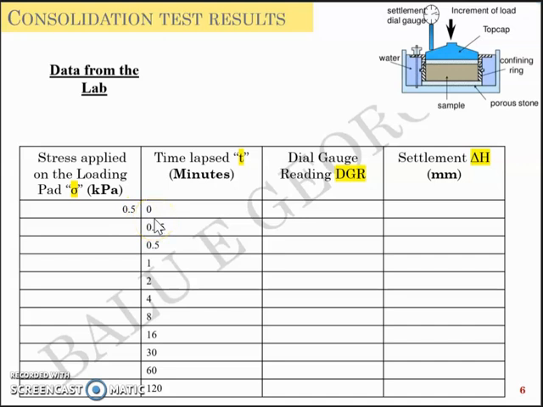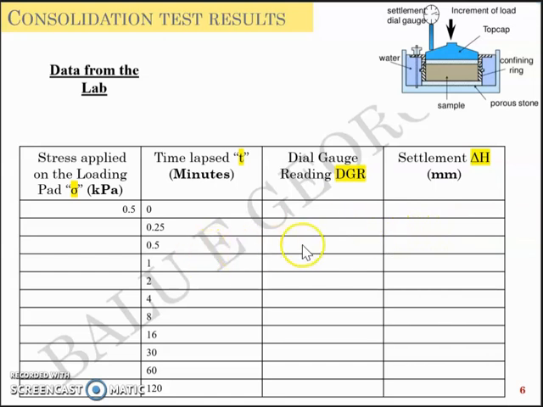Corresponding to time t equal to 0, there will be a dial gauge reading, and of course the settlement delta H will be 0. As time progresses, let's say 15 seconds or 0.25 minutes, you will have one dial gauge reading there, which will be different from the initial one. So obviously it means that there's a settlement in millimeters.